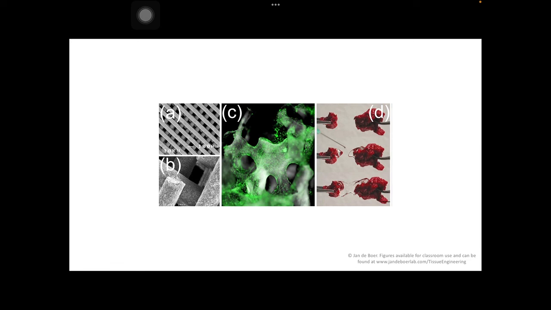And here, what we have in this figure is how different biofabrication strategies can generate materials that are highly oriented and highly ordered, like the cortical and the trabecular bone.